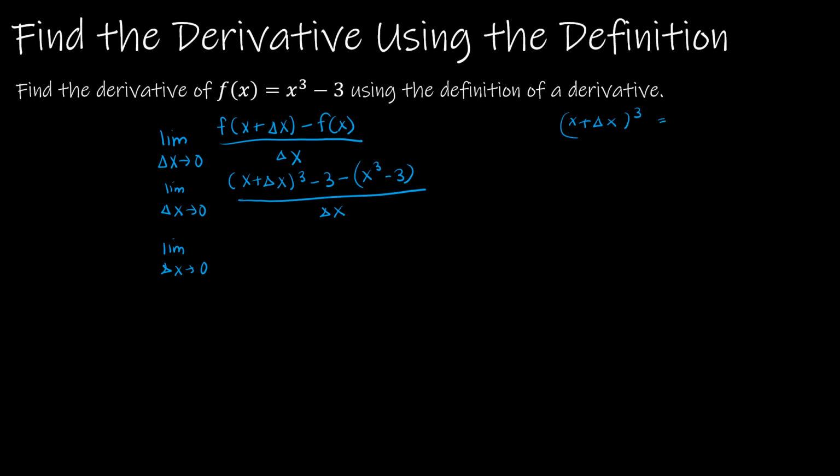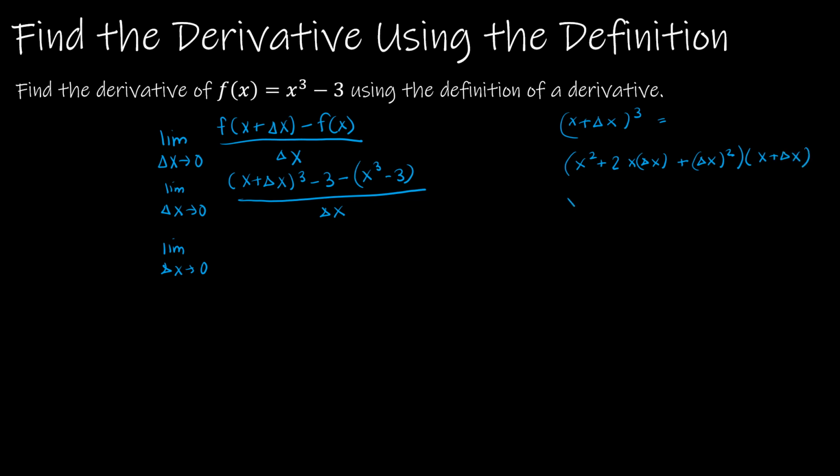I know I can square it pretty easily. I can get x squared plus 2x delta x plus delta x squared. That's why a lot of people choose to use h, because it's less confusing than delta x. And then I have to take that times x plus delta x. So it's going to get real ugly for a minute.